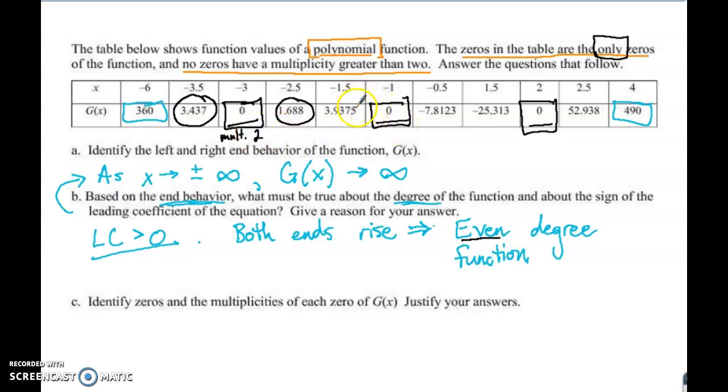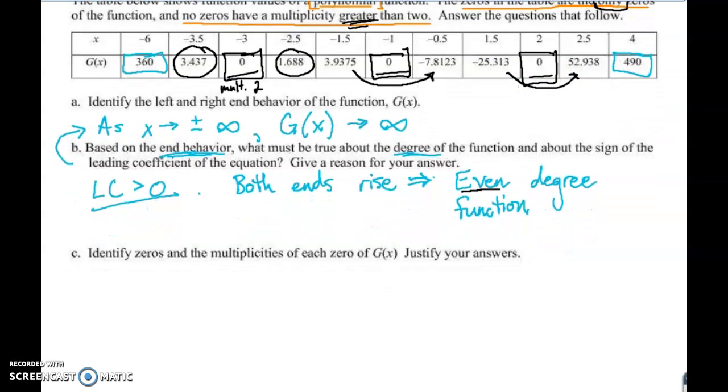Well, this one, and again, remember, none of them are greater than 2, and I will not give you a problem that has a multiplicity of 4. That's just beyond the scope of this class. So then as we look at the next one, we go from a positive to a negative, so that's a multiplicity of 1, you don't have to write that, and then a negative to a positive, so that has a multiplicity of 1 as well.